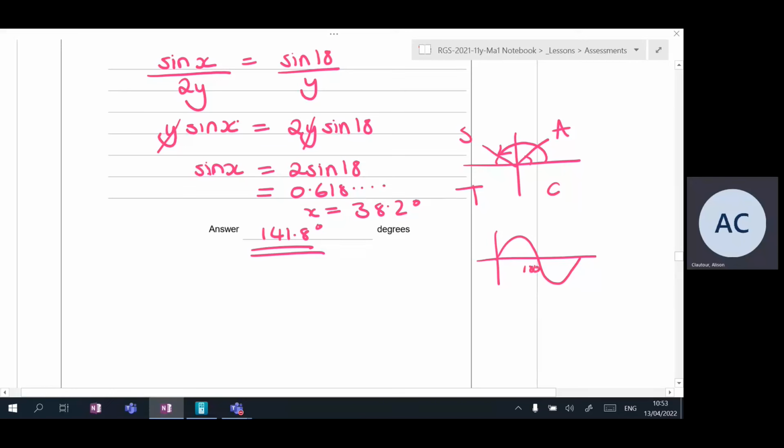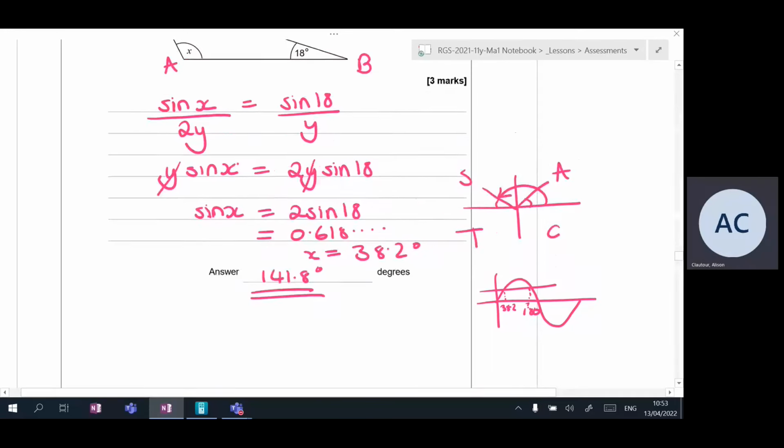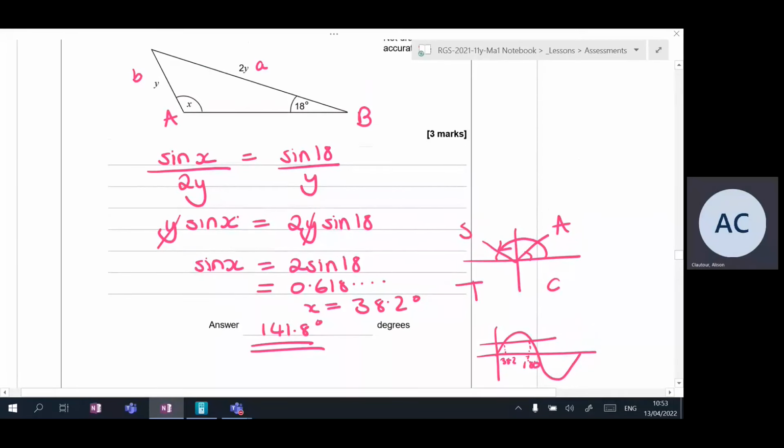So remember, this is 180. Again, the same thing, symmetry of the graph. So because of the symmetry of the graph, if this is 38.2, we'd take it away from 180 to get this value here. But in a nutshell, we always take it away from 180 to find the obtuse angle in the sine rule.